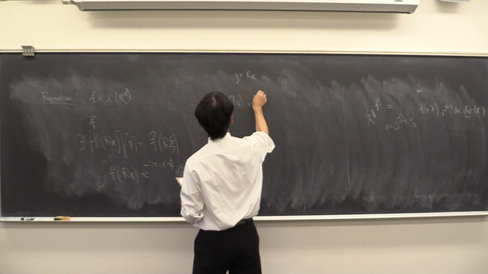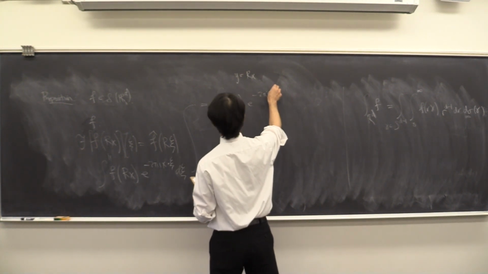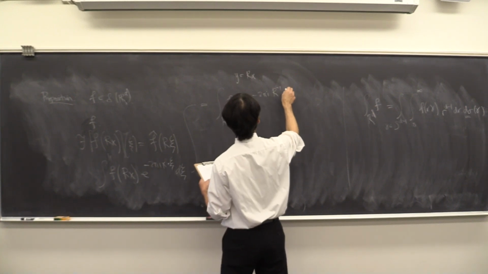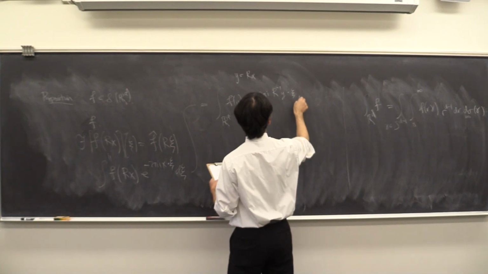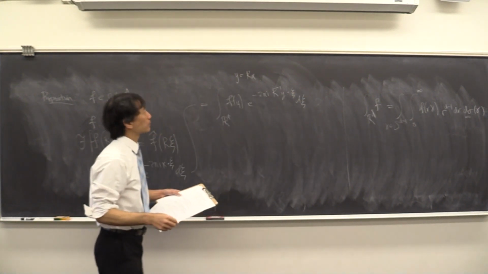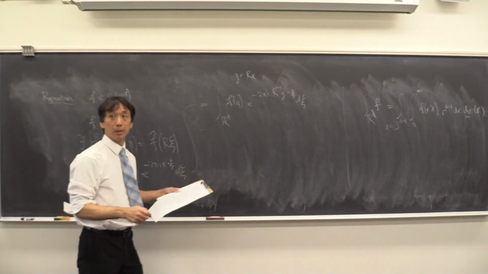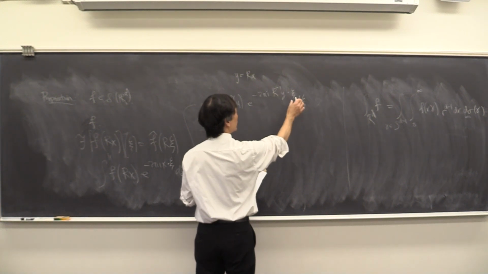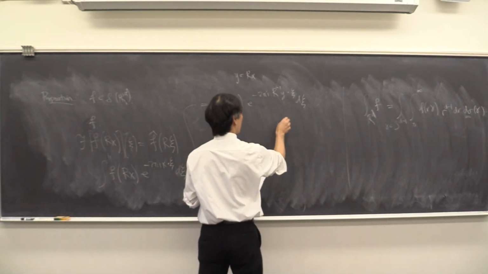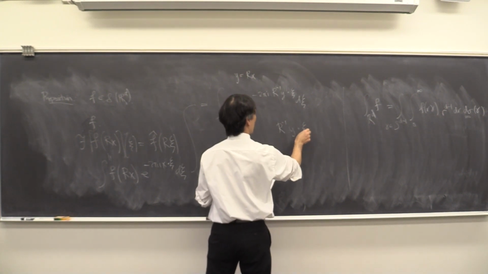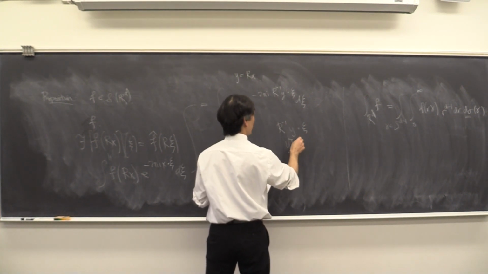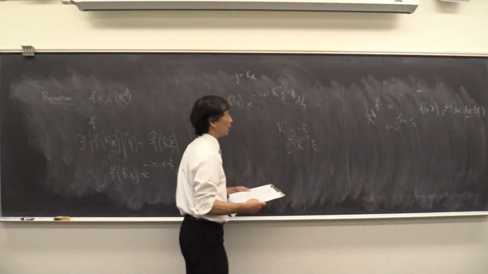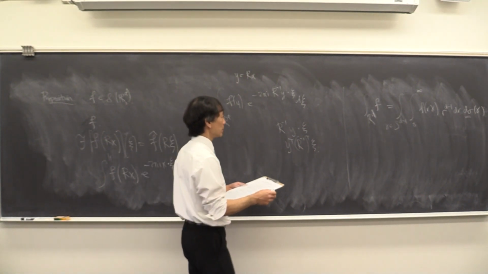Then you get f(y) e^(-2 pi i) times x, which is y rotated in the opposite direction, dot xi. Then you can pass the rotation on to the other guy, because R inverse y dot xi is y dot R inverse transpose xi.